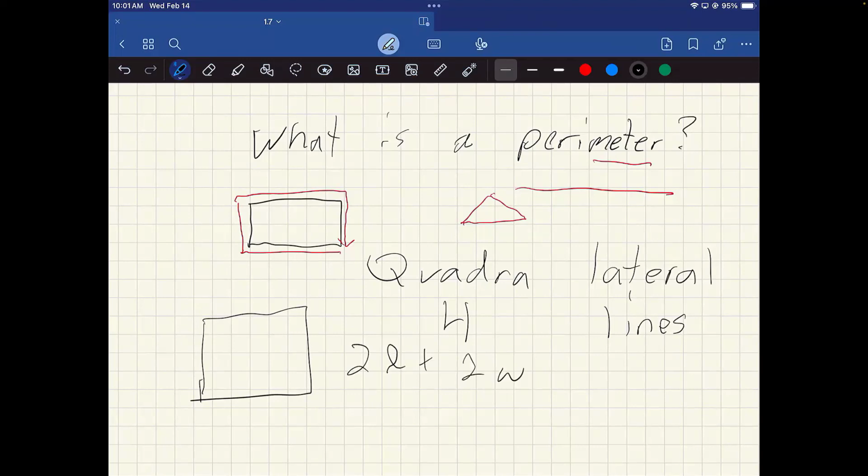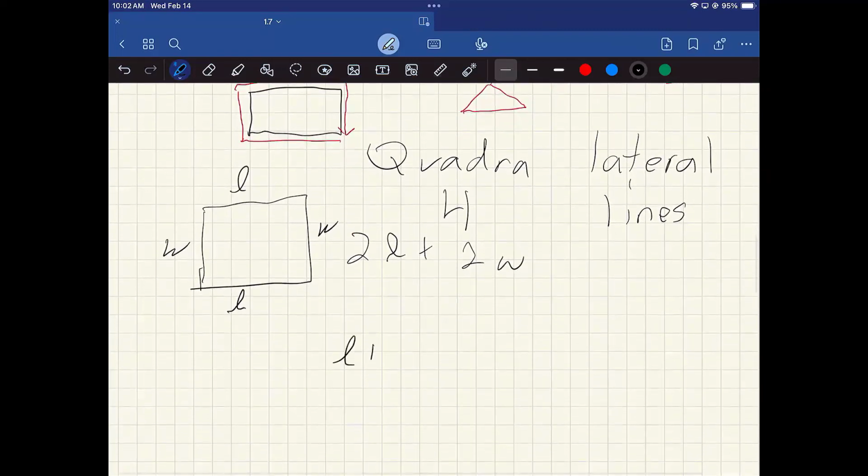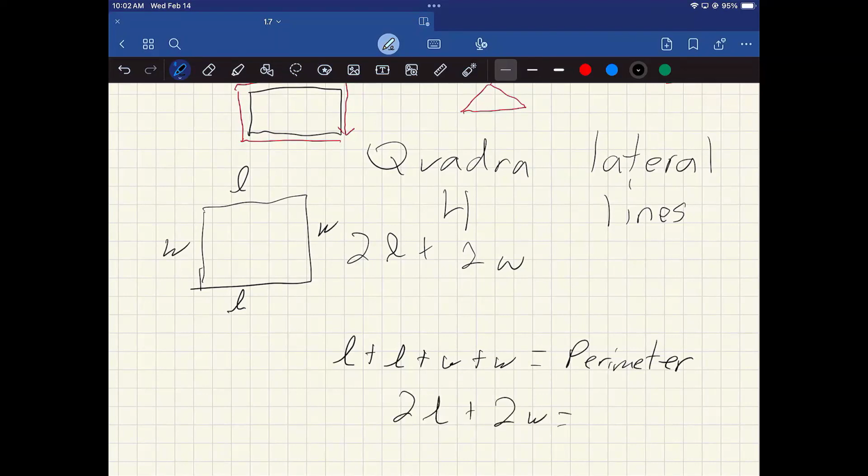The idea being that we're going to have L here and L here, W here and W here. And multiplication is repeated addition. So I could write this as L plus L plus W plus W is equal to the perimeter. Or 2 L's plus 2 W's is equal to the perimeter.